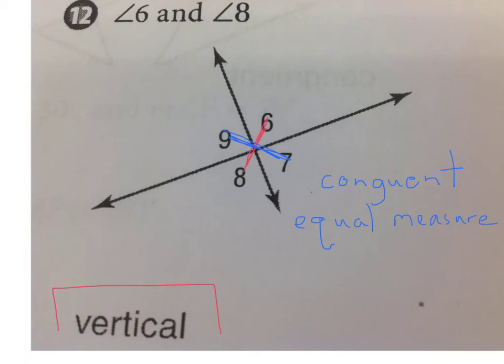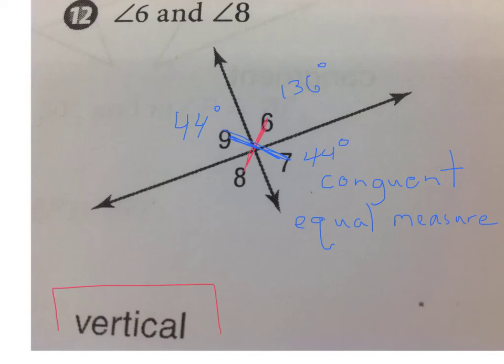So for instance, if I know that angle 9 here is 44 degrees, then I also know that angle 7 has to be 44 degrees. Since I know those two, I can also figure out 6 and 8, because 9 and 6 have to add up to 180 degrees. So that means that this angle 6 has to be 136 degrees.